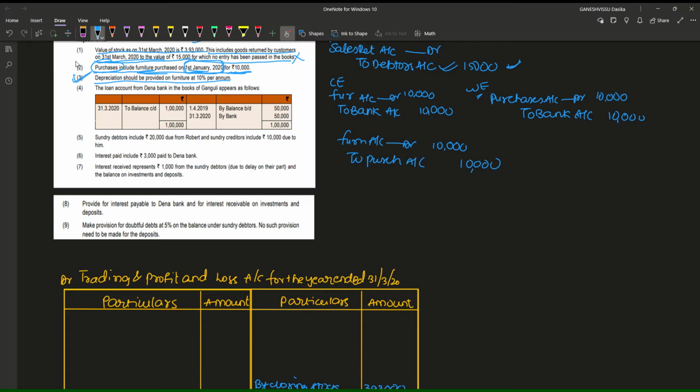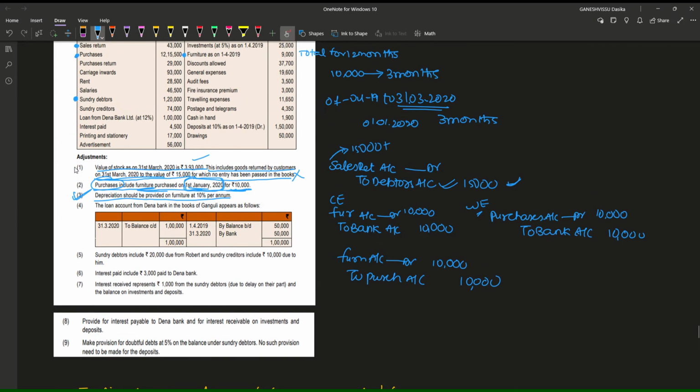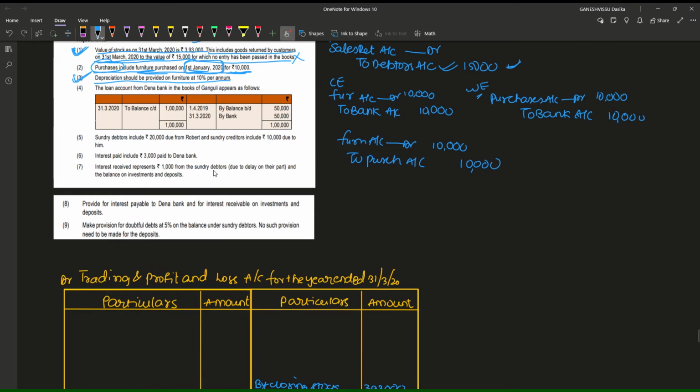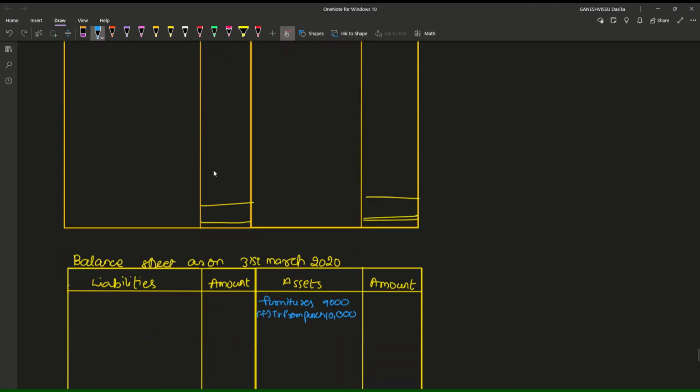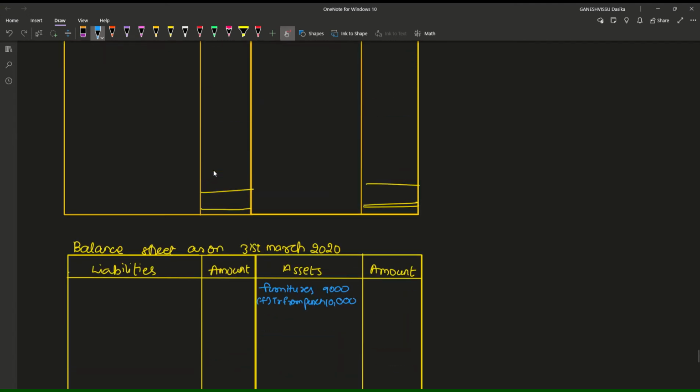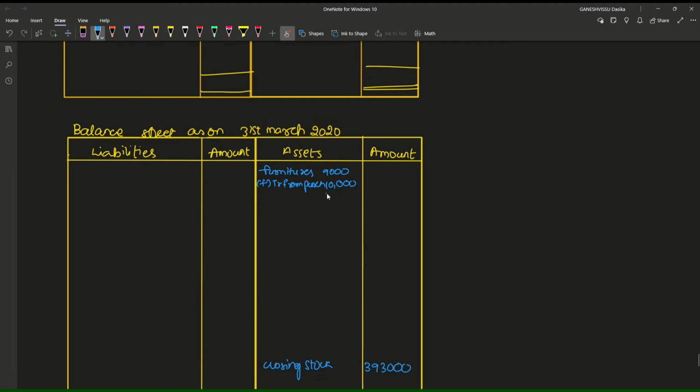This is completed, and we need to deduct that. We need to increase the sales returns and deduct the debtors. We shall see that in the adjustments, in the working notes. So this is a total of 19,000 rupees.